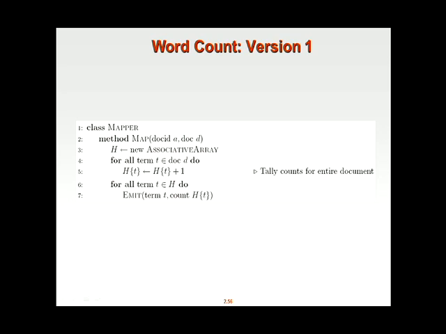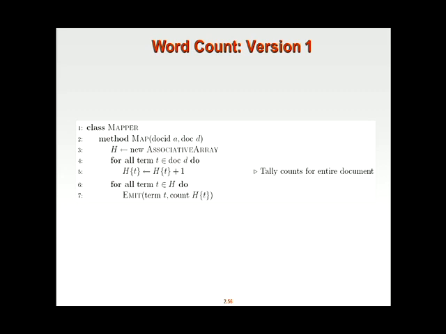So let's look at if we can do this by using this mapper. For a document, we create an associative array, which you can just assume is a hash map. We create a hash map for this document, and then for each term in this document, we check if this term is already contained in this hash map or hash table.